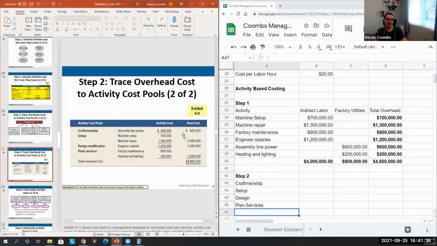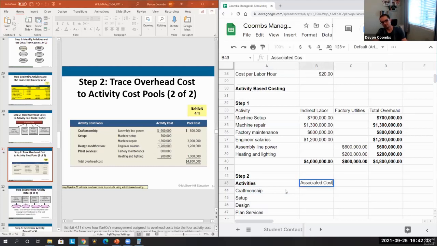And then now we have to figure out how these costs relate to each of these activities. So we're saying craftsmanship. Well, that really is assembly line. So we can say here, activities, and then our associated costs.